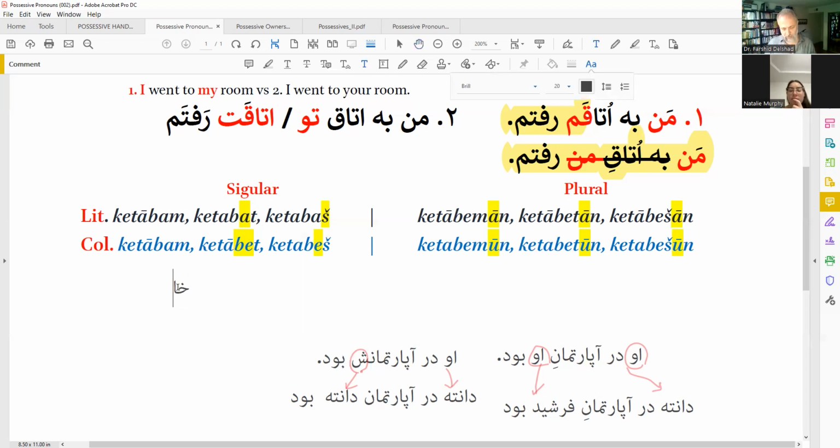What about the word khane? That becomes anyway khune, right? So you have khane-am, khane-at, khane-ash, khane-man, khane-tan, khane-shan. What about spoken? That's a little bit tricky. Look at the pattern here and just go ahead and conjugate that the way you see it in the colloquial form.